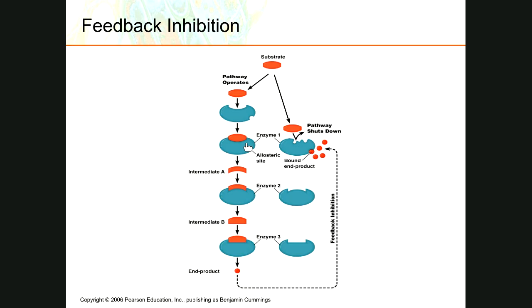An example, HIV uses the enzyme reverse transcriptase, which is an allosteric enzyme. So we have created drugs which bind to the allosteric site and change the shape of reverse transcriptase, thereby turning it off. And that prevents the viruses from replicating.